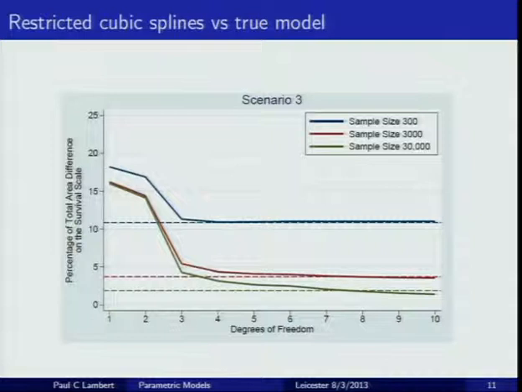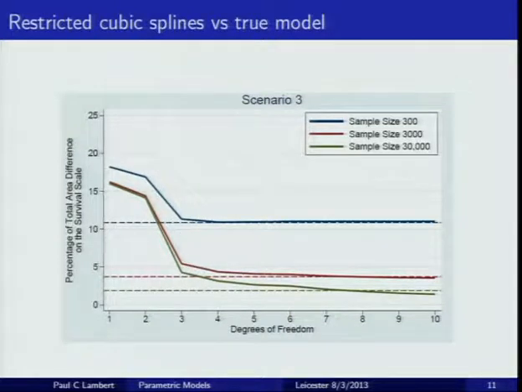We're also interested in the absolute effects, and this is a comparison of what we get when we use the approximations, essentially using the spline function, of course, because we're not fitting the true model. The true model is this mixture Weibull model. And what we've looked at here is, for sample sizes of 300, 3,000, and 30,000, the integrated area between the estimated survival and the true underlying survival function.